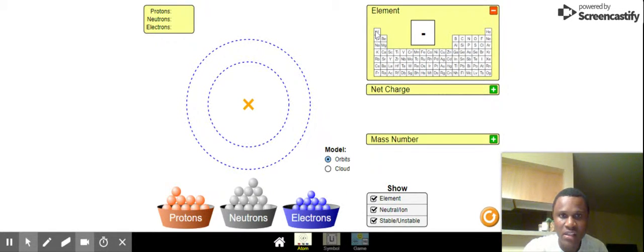So these elements are arranged from identification number 1, which in chemical terms we call the atomic number, up to the element with the highest atomic number. So it starts from 1 to, for now, 118 elements. So you have atomic number 1 to atomic number 118.